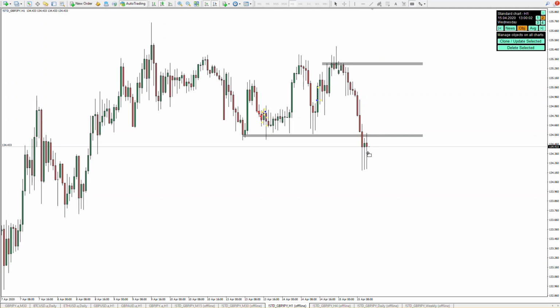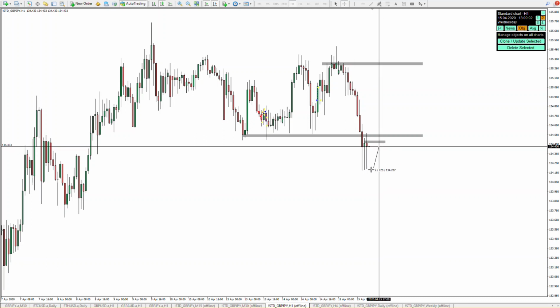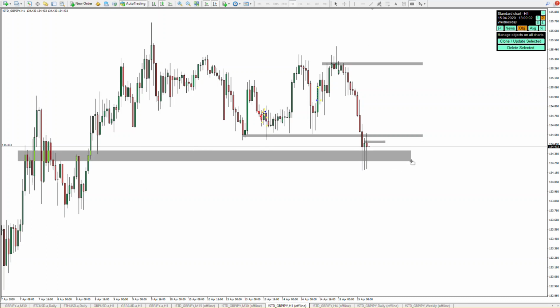We made a new resistance. This is interesting. We can have a wick fill, but it's a bit dangerous because already 3 times we see this rejection, and if we look to the left we can see it was like this.